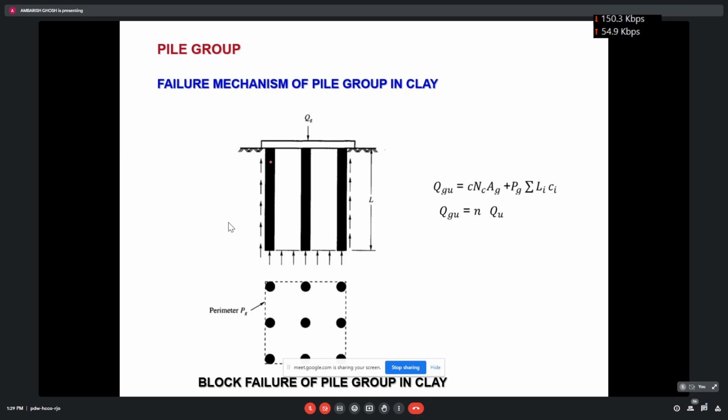So the block failure will take place and friction will develop along the perimeter, as well as base resistance will develop at the base. So you have to get the perimeter multiplied by the corresponding Li and Ci, which will give you this component, and the bottom part Nc into Ag, that is the gross area multiplied by Nc, will give you the capacity. If you have any doubt, you tell me.